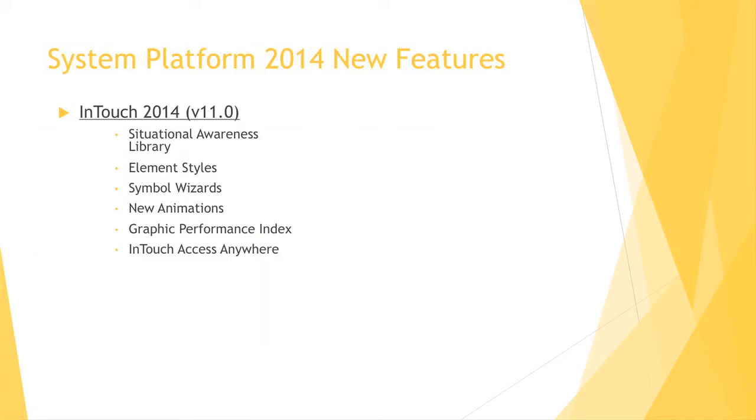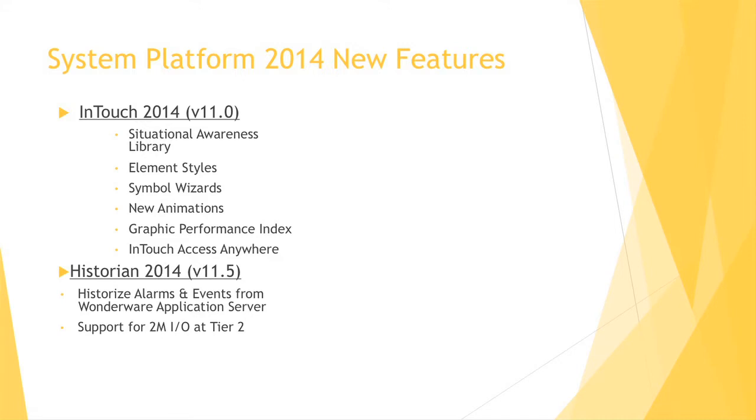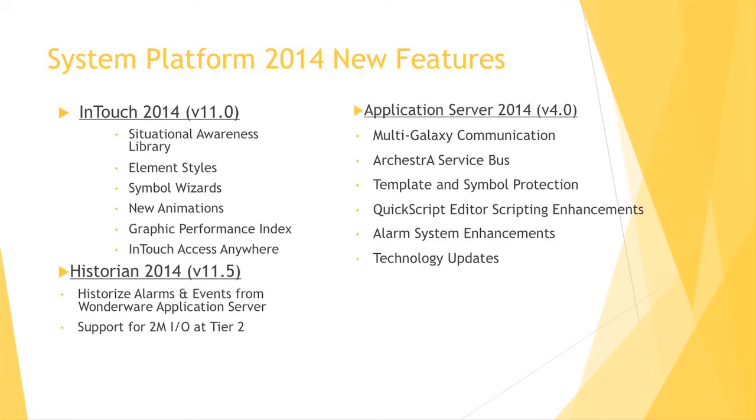What we're going to talk about in the different programs: InTouch, a lot of graphic additions. Historian, some changes to how we can store alarms and events. App Server, we won't talk a lot about some of the tuning things, but some improvements to some of that underneath plumbing.